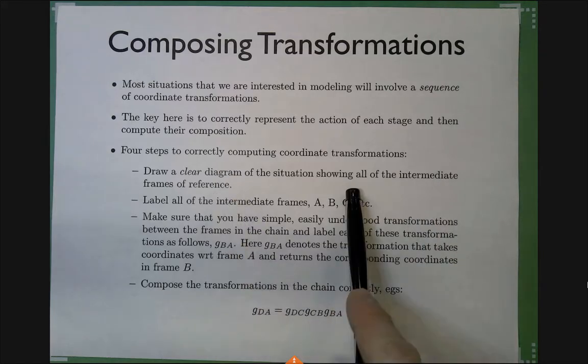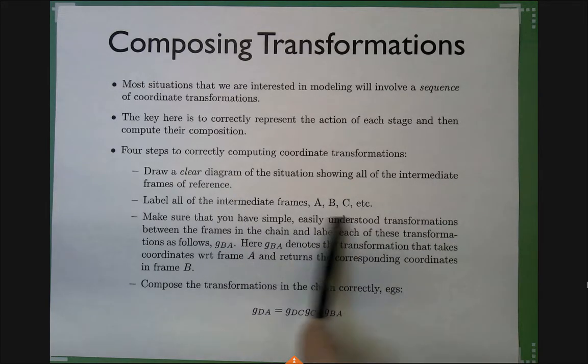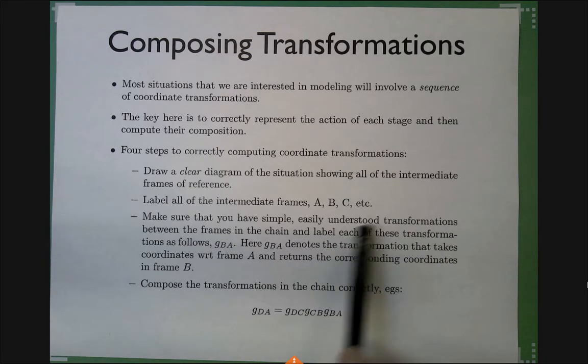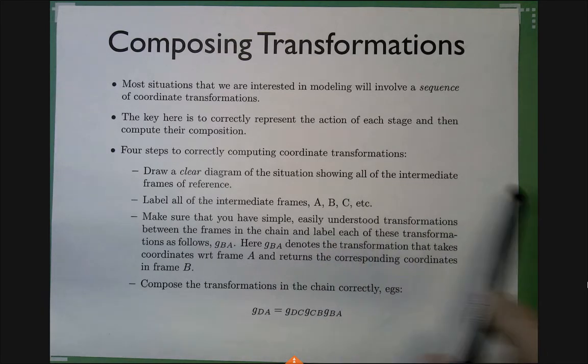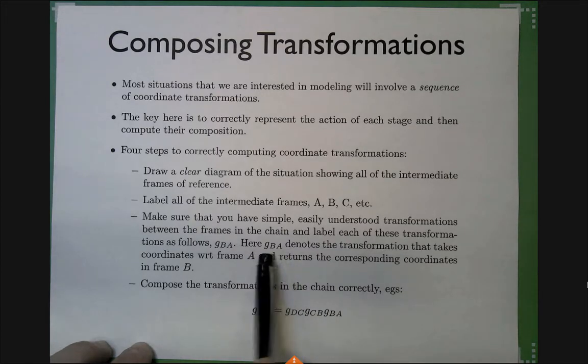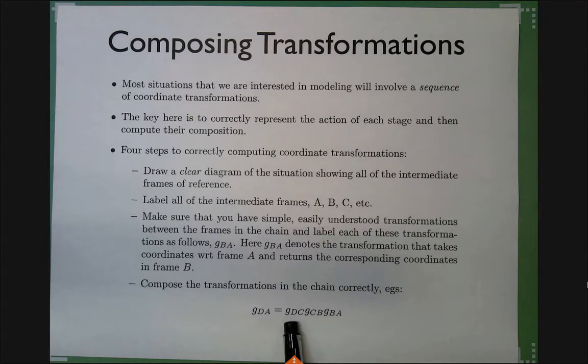The idea is to first draw a clear diagram, label all the frames, and the key idea is to break the overall mechanism into individual transformations between neighboring links. Okay, makes sense, right? And if you keep this notation nice and consistent, then you can just combine the transformations together. If they are represented by matrices, then the combination is just matrix multiplication.